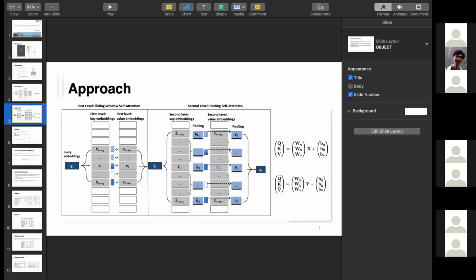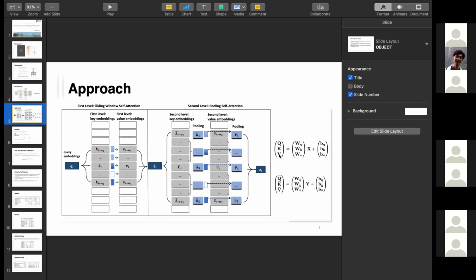In the larger sliding window, we apply a pooling module to aggregate information from several K vectors in the sliding window, and from there we generate the attention score and make a weighted sum to get the final output embedding here.